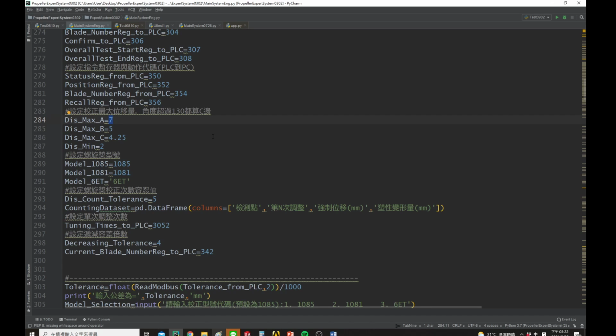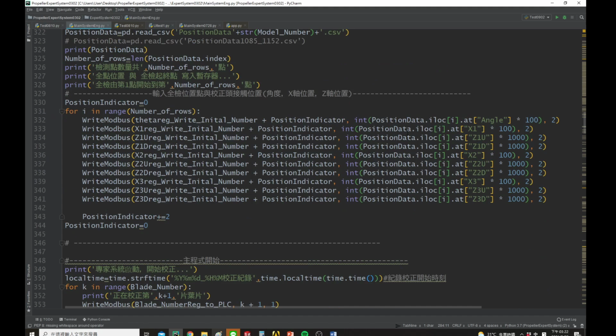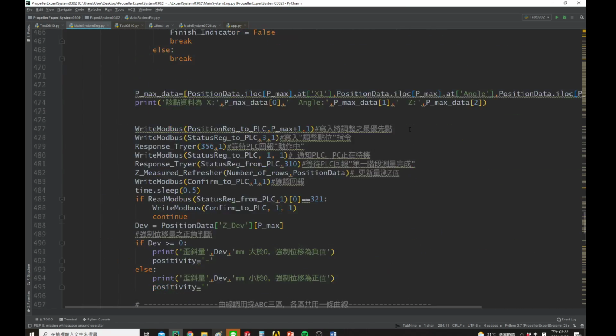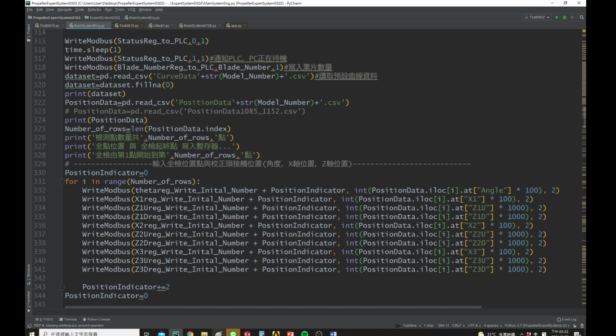The second thing that might cause a crash is the position data you enter here. If you give the machine wrong position data, it might go like this, because the position is wrong from the beginning.